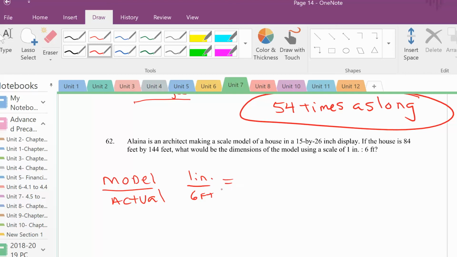And you know that the width is 84 feet. So you're trying to find out how much you're going to make the model in inches. So 6x equals 84, and you get x equals 14 inches.